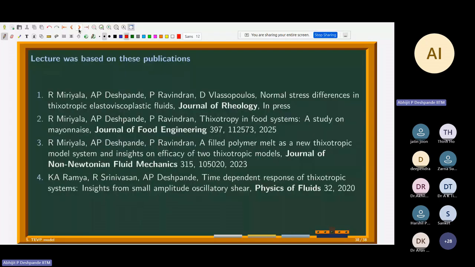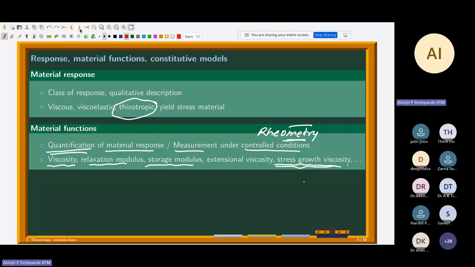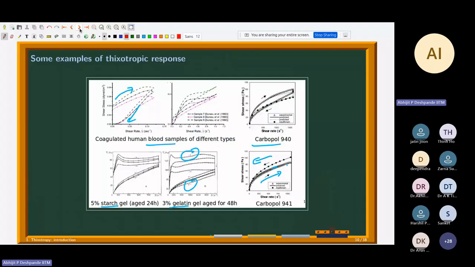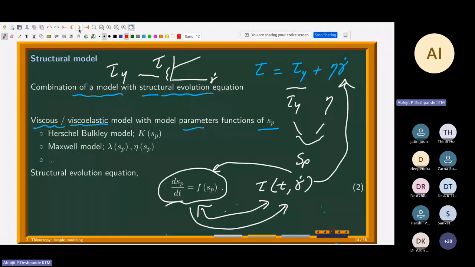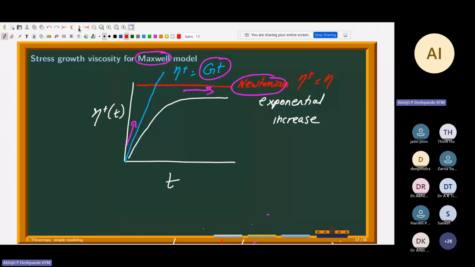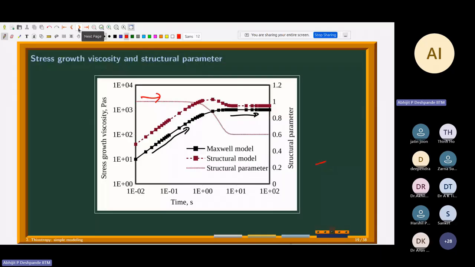And for a specific set of choices, I have solved these and given an example result, where we can see that because we are applying shear on the material, the structural parameter decreases, and the viscosity, the stress growth viscosity, initially increases, but then it decreases and then eventually becomes constant. So this decrease is because the structural parameter is going down.